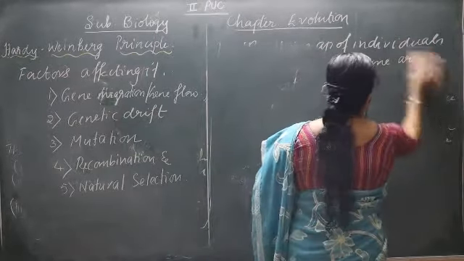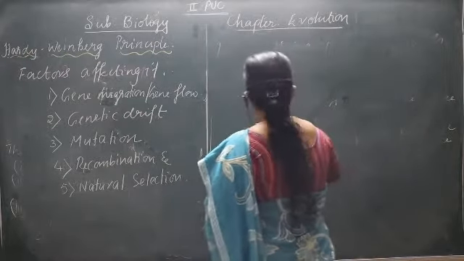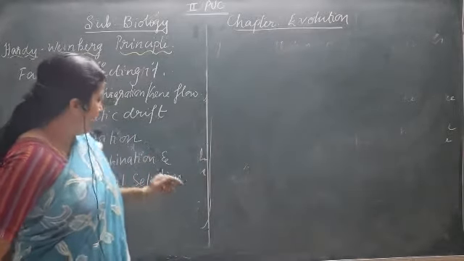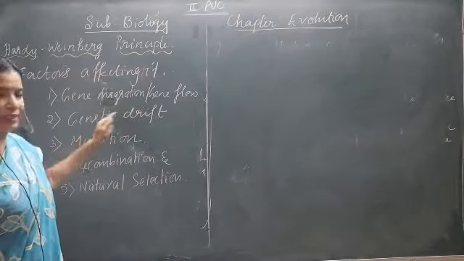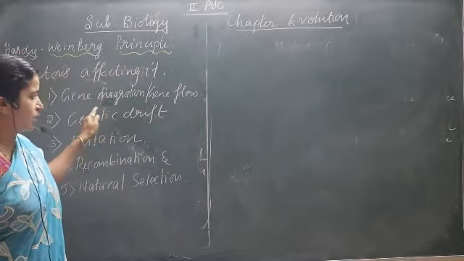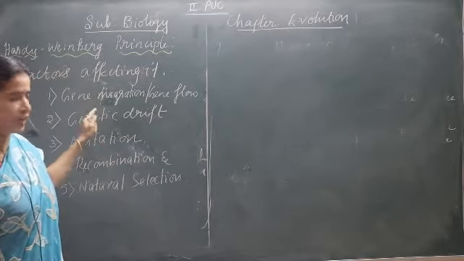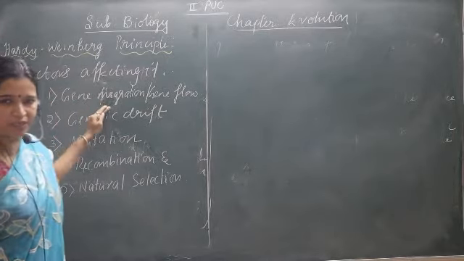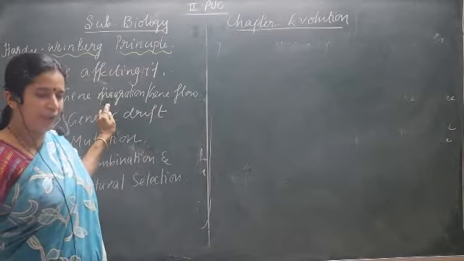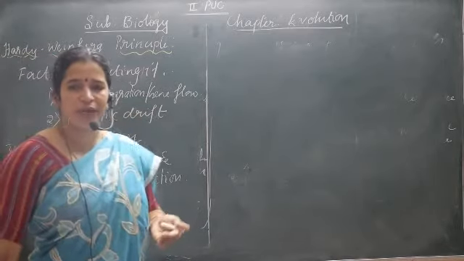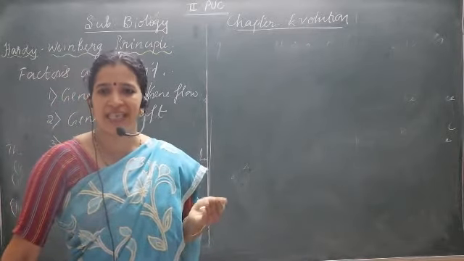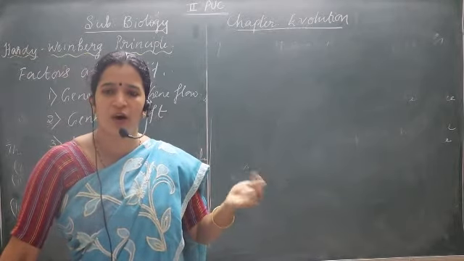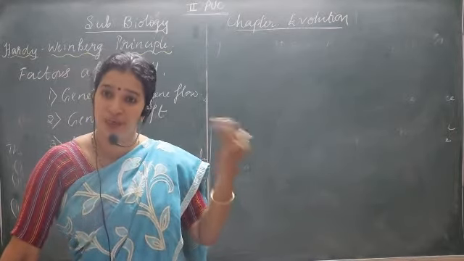So the first one is gene flow or gene migration. Students, one thing you notice here: in the words themselves there are terms that mean almost the same. Gene migration and gene flow mean moving out of the place. If the population is moving, by chance or for any reason, some of the population will get shifted from one place to another, or due to some natural disaster they may migrate to another place.